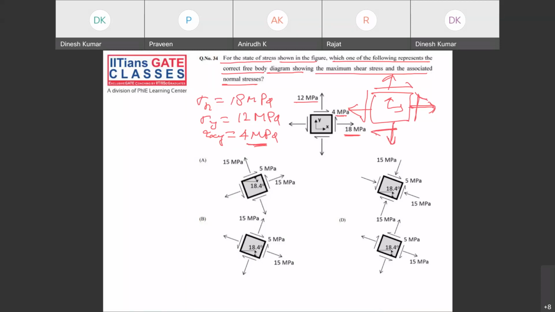Now the first thing you should find in this question is the angle for maximum shear stress.